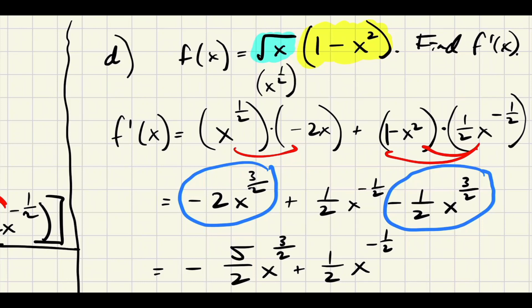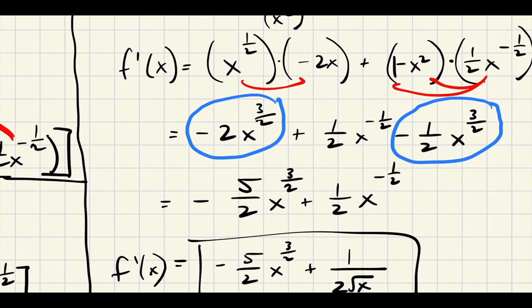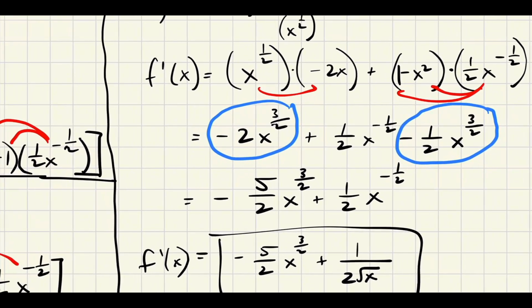So it's good to memorize. The derivative of the square root of x is 1/2 x to the negative 1/2. So you don't have to keep doing it every time. Multiply, distributed, combine like terms. And I think that was it.